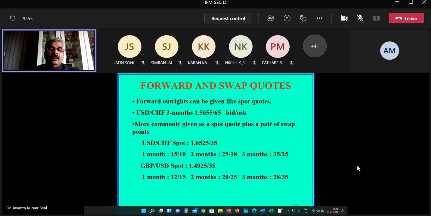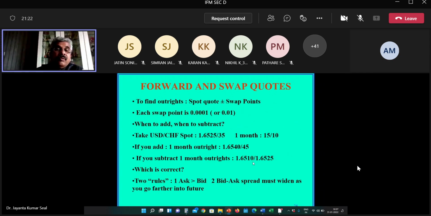Like say for example, today, if you go to the market and try to find out the forward rate, your rate will vary depending upon today's market rate. So today's spot rate, because swap quotes are same. Swap quotes do not change frequently. So US dollar Swiss franc 3 months rate is this. So accordingly, you can find out the forward rate. Once you find out the forward rate, they are called outright forward rate.